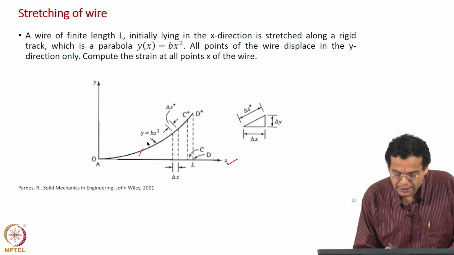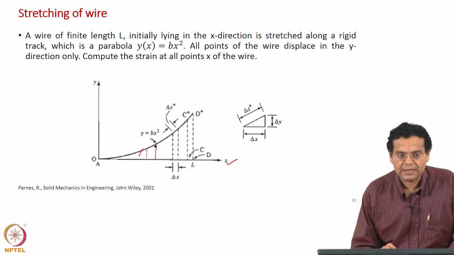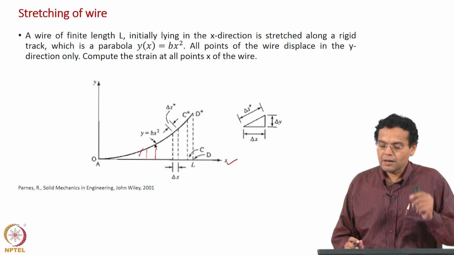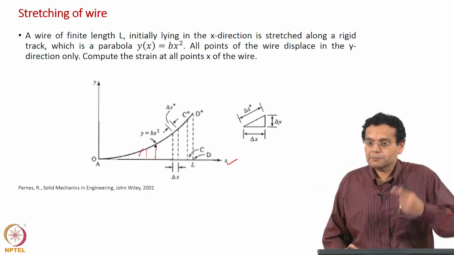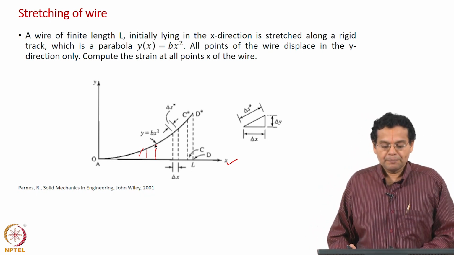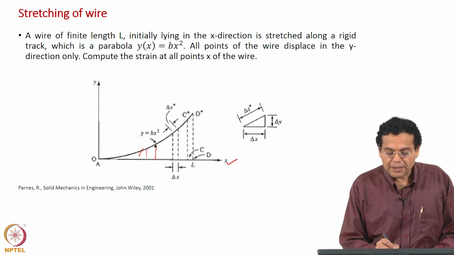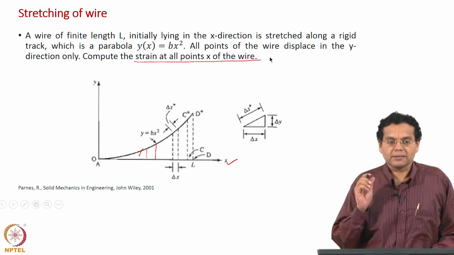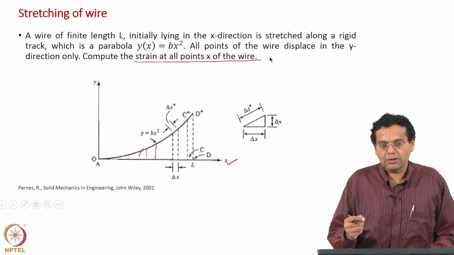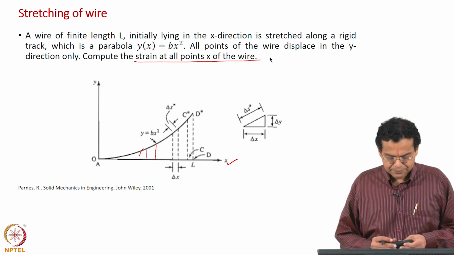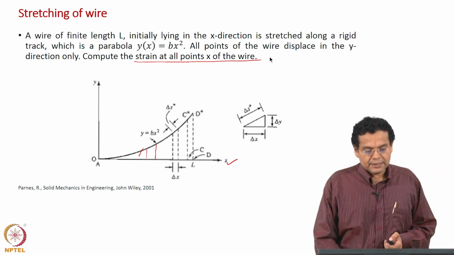If you have a point here, it will move straight away in the vertical direction only. If a point here, it moves in the vertical direction only. That is for simplicity. All points of the wire displace in the y direction only. Compute the strain at all points of the wire. That is the difference between what you already know and what we are discussing now. Okay. So, let us do that.